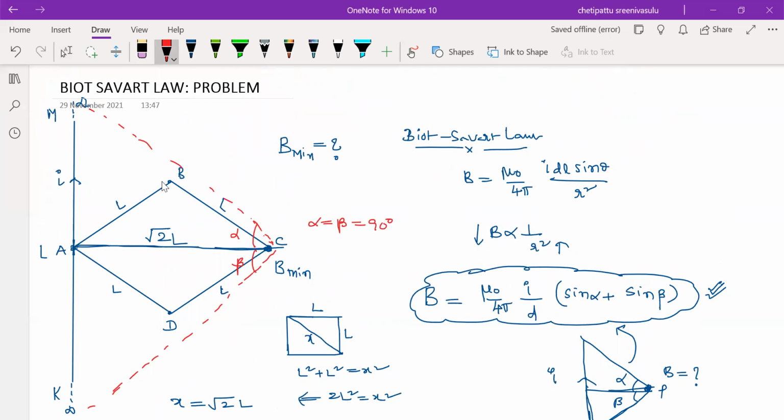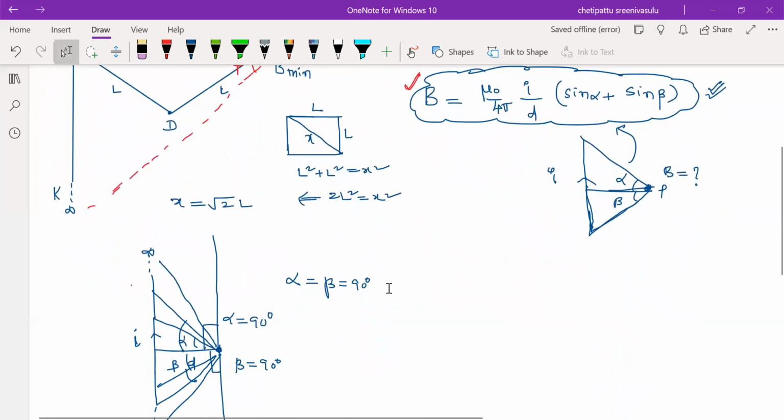Both are 90 degrees. Substitute in this formula, where the perpendicular distance is root 2 L. What is the formula? B equals mu naught upon 4 pi, I by D, sin alpha plus sin beta.